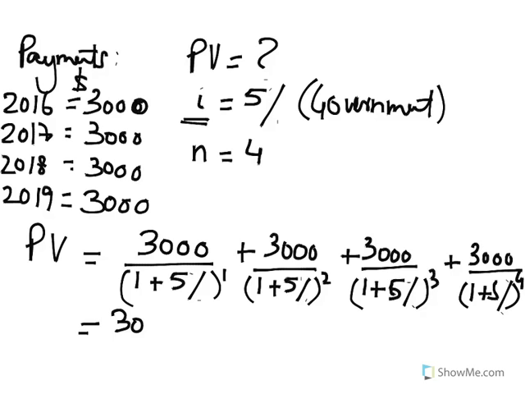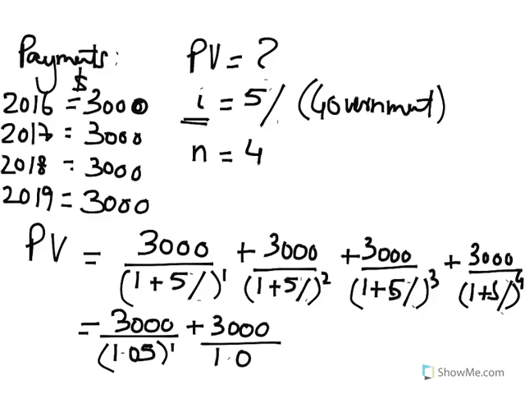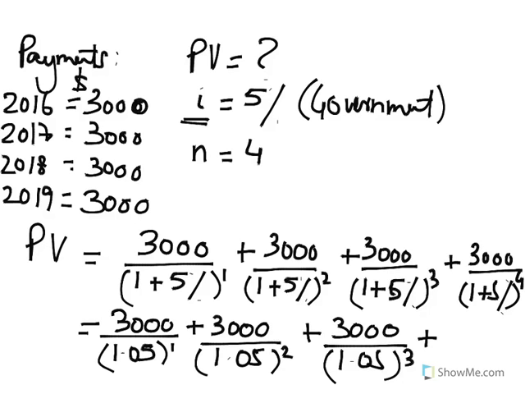Remember that your denominator is going to be 3,000 divided by 1.05 because the 5 is a percent. 3,000 divided by 1.05 to the power of 2. 3,000 divided by 1.05 to the power of 3, and 3,000 divided by 1.05 to the power of 4.